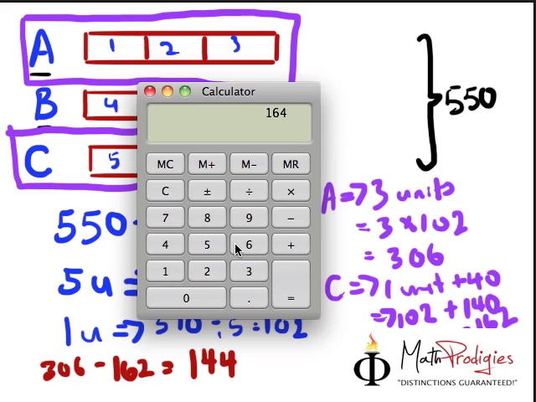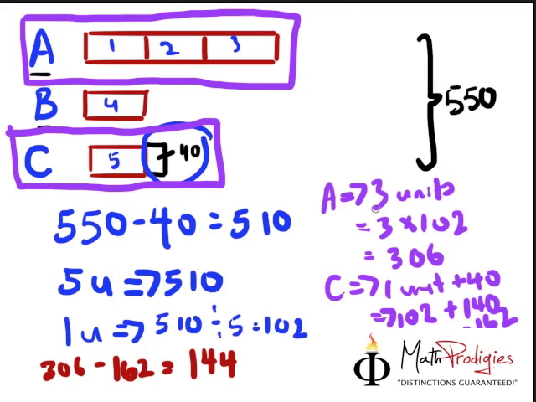Hold on. Let me try to check again. 306 minus 162. 144. So 2 units gives me 102 times 2 minus 40. 164. That's weird. Where did I go wrong?